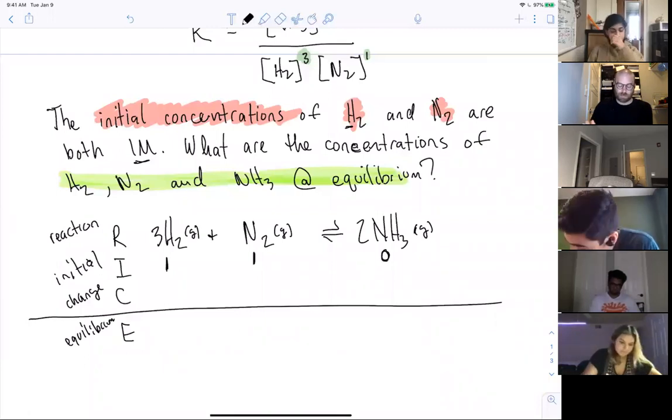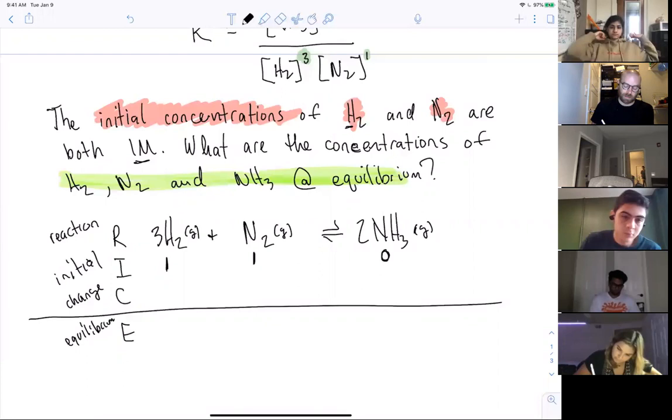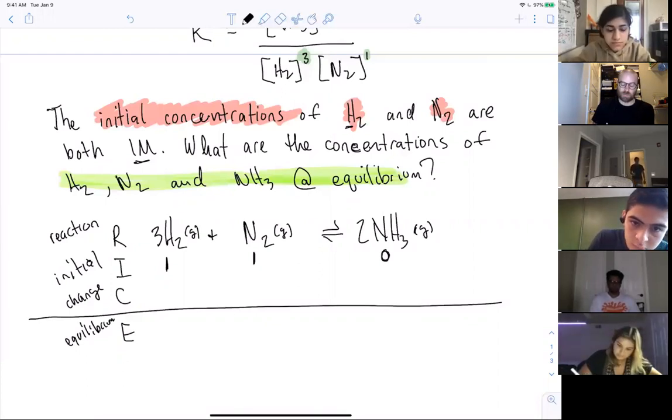The changes, we don't know. That's what we're trying to figure out. But we do know that they're going to have a very specific relationship. And that is that for every amount of nitrogen, so if I have 1 mole of nitrogen, I'll come back and explain this in a second.